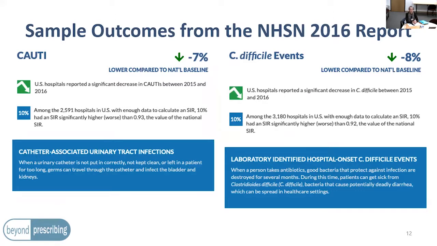So compared to the national baseline, which was remeasured or reset in 2015, they had a 7% drop in catheter-associated UTI events over 1 year, and an 8% drop in C. difficile events over 1 year. And so these are the kind of reports that we can see happening now across the country.